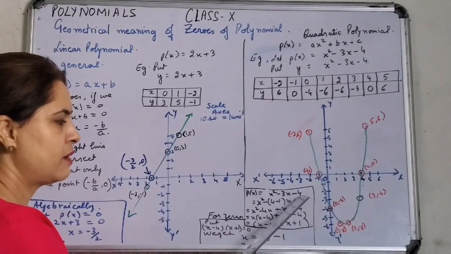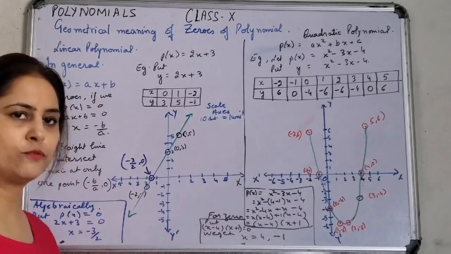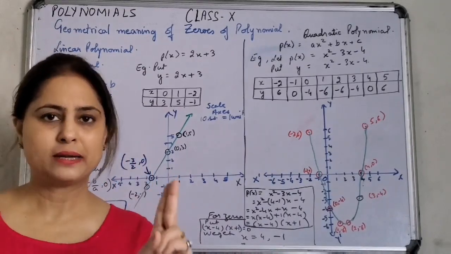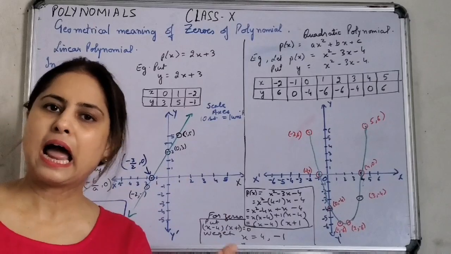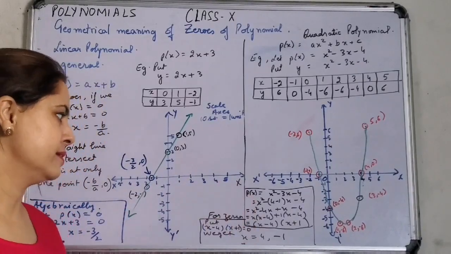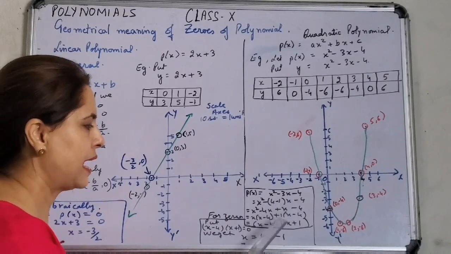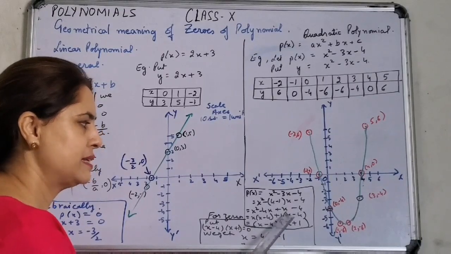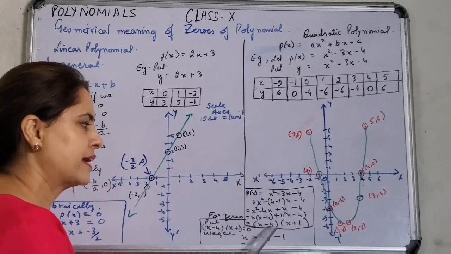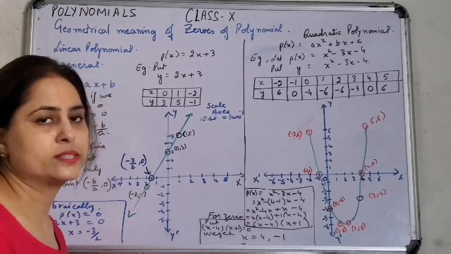I had to find two numbers which, when multiplied, give me -4, but when added, give -3. So -4 and 1 were satisfying my condition. When I opened the bracket, I got x² - 4x + x - 4. The factors came out to be (x - 4)(x + 1).